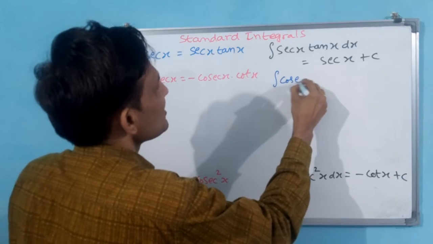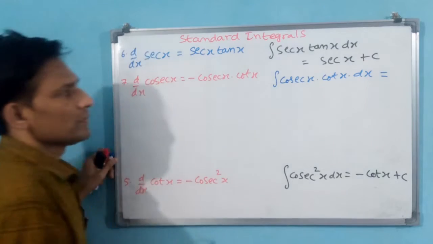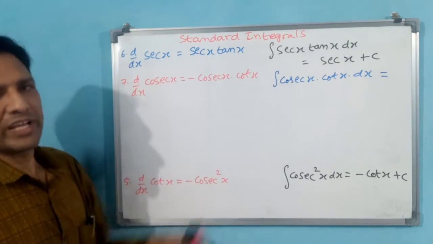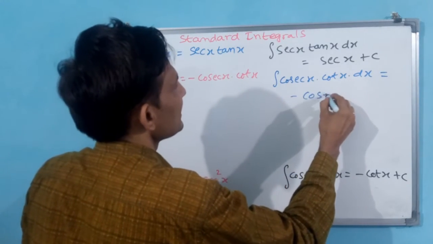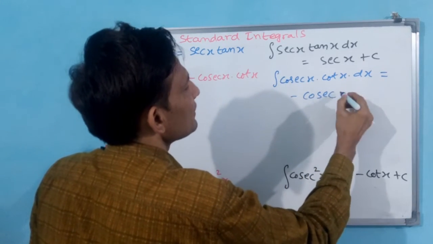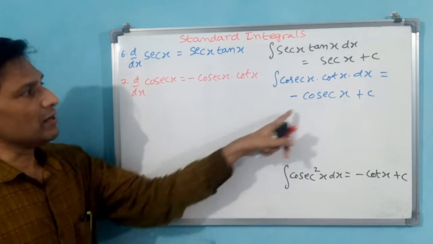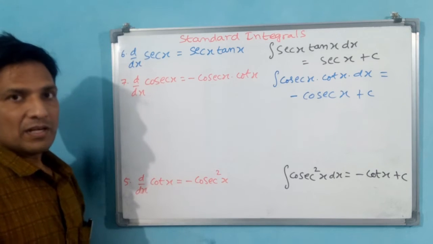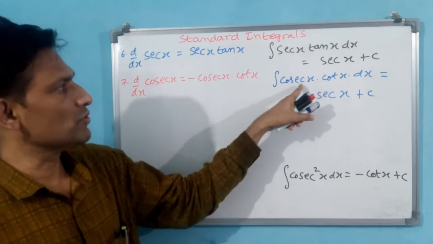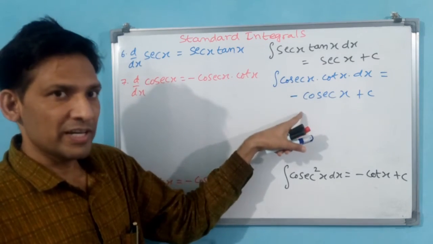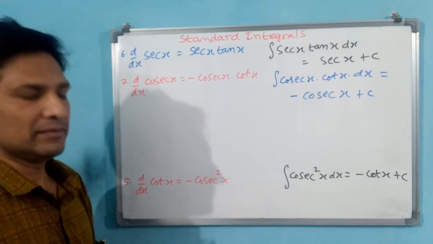Integral cosecant x cot x dx is equal to, this minus we don't take here, but we will write minus here: minus cosecant x plus c will come in the result. Automatically, see, d by dx of cosecant x is minus cosecant x cot x. If this minus is there here, here you don't write minus. If minus is not there here, here you write. That's all. Okay.